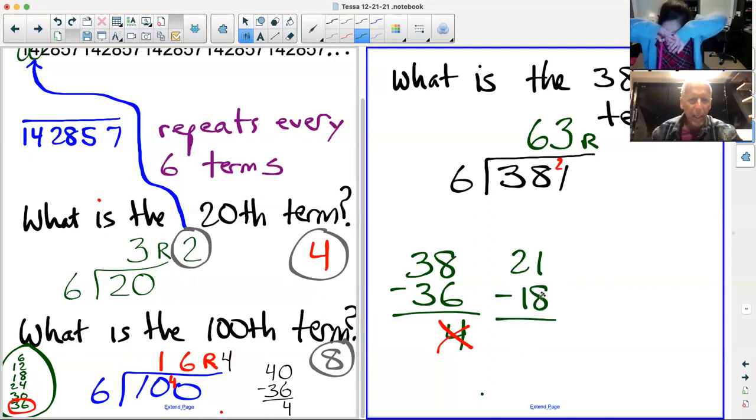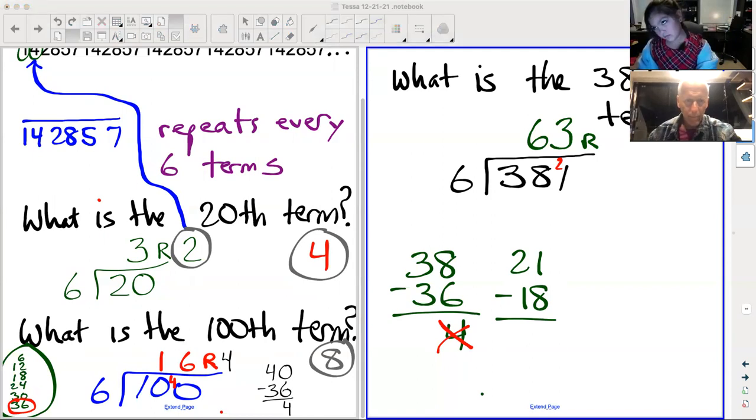And all you should be thinking is, how do I get from 18 all the way up to 21? It's pretty simple for you. 12.